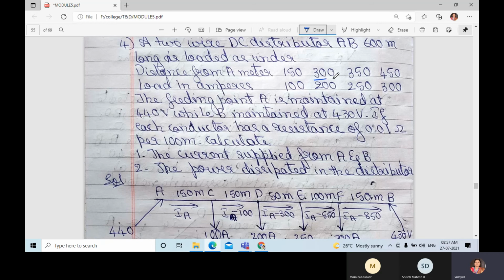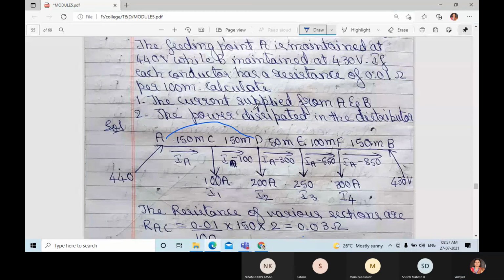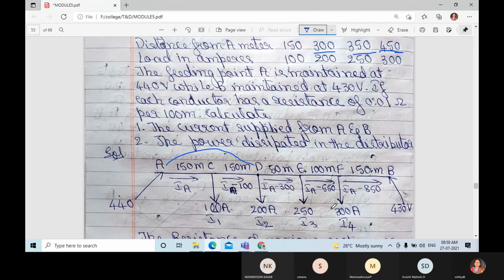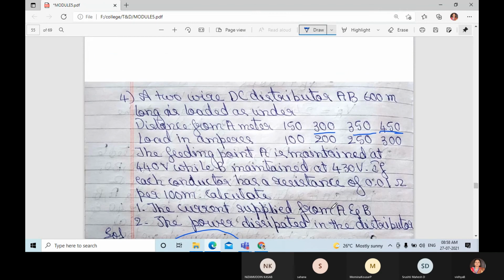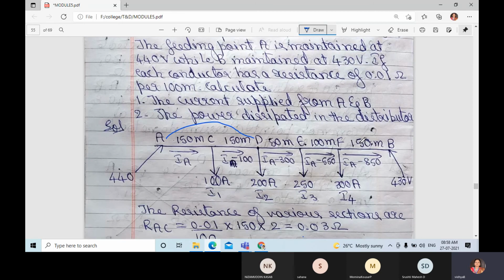For the next, they have given 300. That means 300 is from A to D, not from C to D. Again, from A to E they have given 450, and A to D is 350. Overall it is 600 meter, so 600 minus 450 leaves 150.